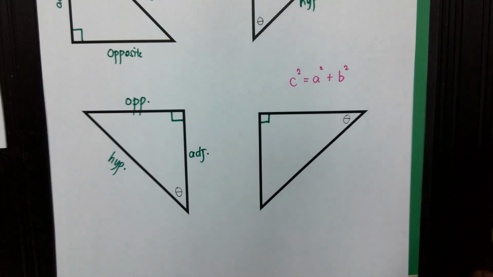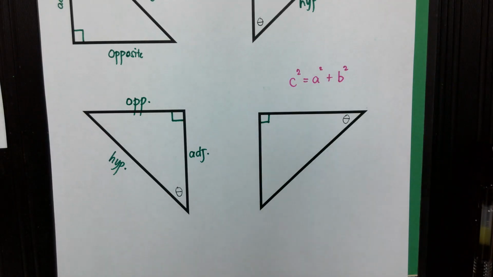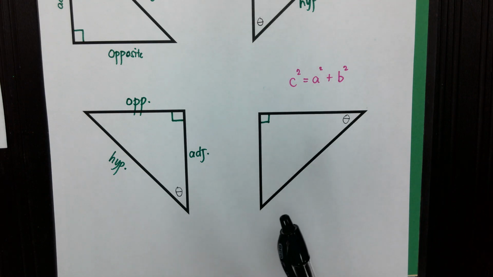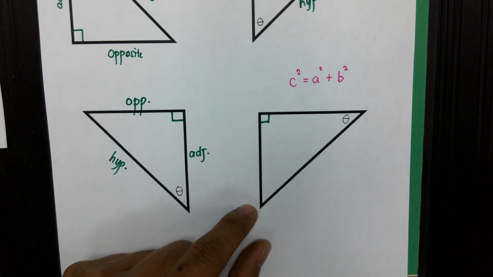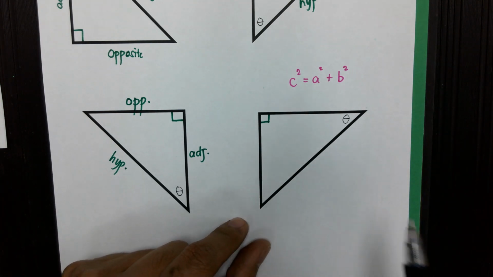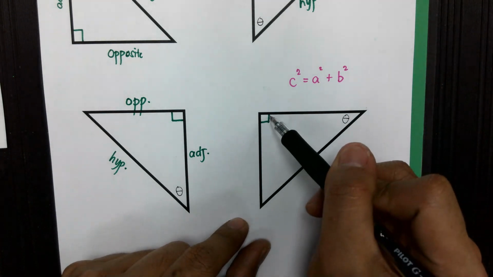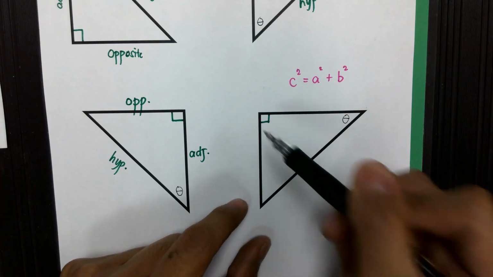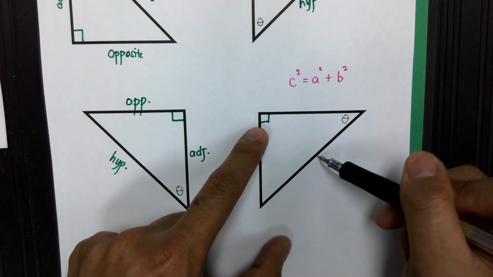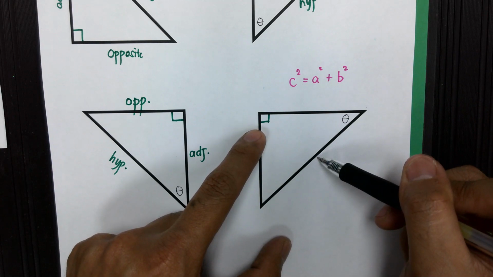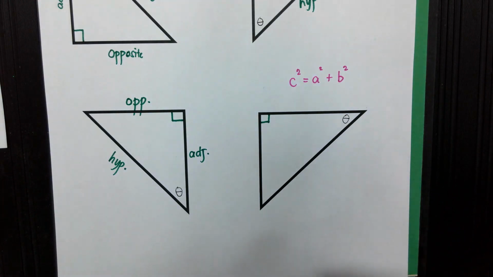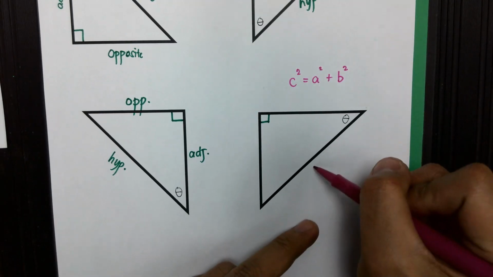Now with this, it is a challenge for some to identify which of the three sides is A and B and so on. So in this review, my tip would be for you to always locate this 90-degree symbol to start identifying C. The side right across that is what we call our hypotenuse, and that's going to be our C value. So this will be C.